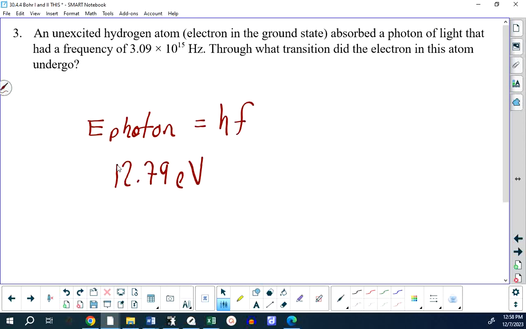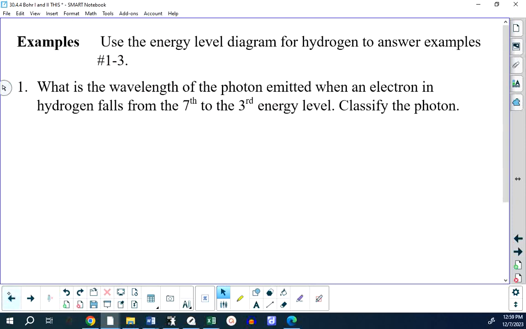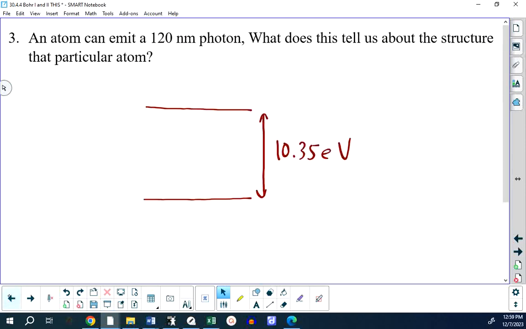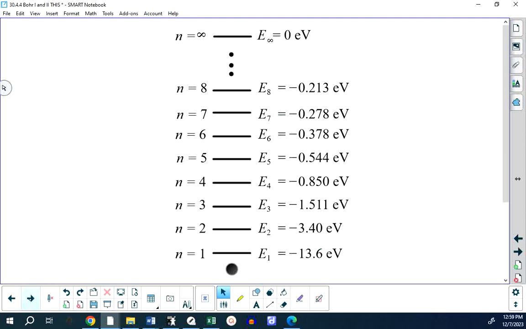Because then what I can do is take my energy level diagram and start taking maybe E3 and subtracting E1 and seeing if I get 12.8.